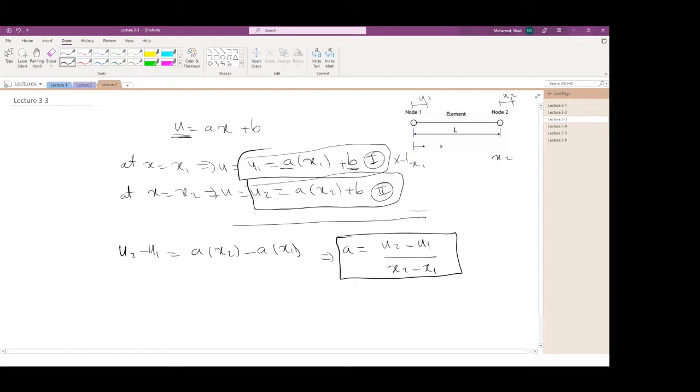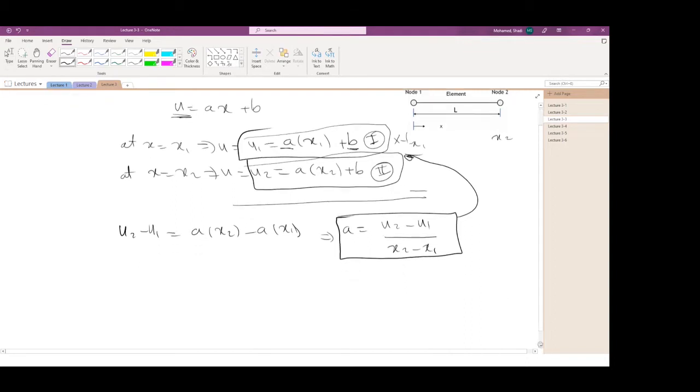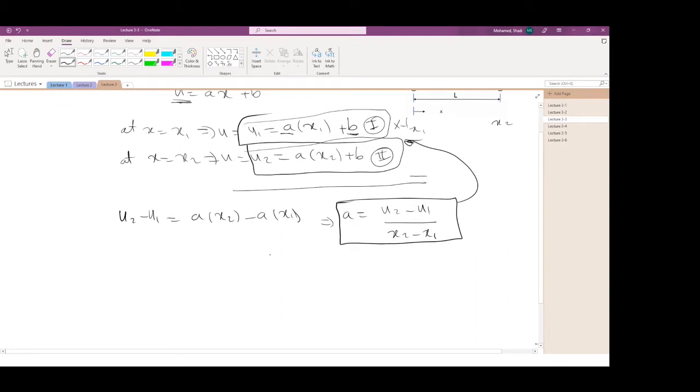I can use either one of these equations and find the value of B. I just place it back into the first equation, or probably the second. It really doesn't matter. I would use the second equation. U2 is equal to A multiplied with x2.